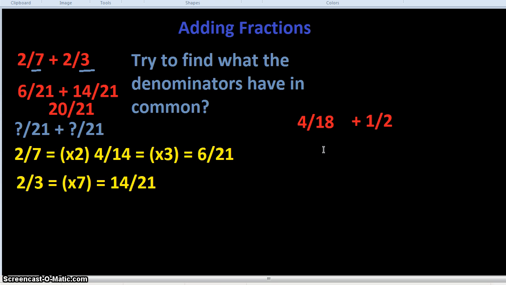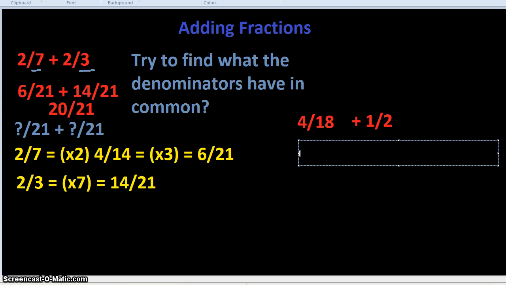Well, 2 goes into 18, so all we need to do is change the 1/2, because if we're trying to look at what the denominators have in common, well, 2 does go into 18. So all we have to do is change the 2 to get into the 18. So for that 1/2, can you guess what number I have to multiply the top and the bottom by to change that fraction into something over 18?